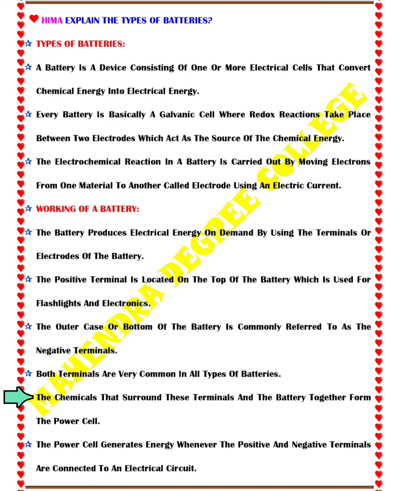The final explanation: a power cell consists of two terminals, that is, positive and negative. Electrodes means metal plates. Electrolyte means chemicals.